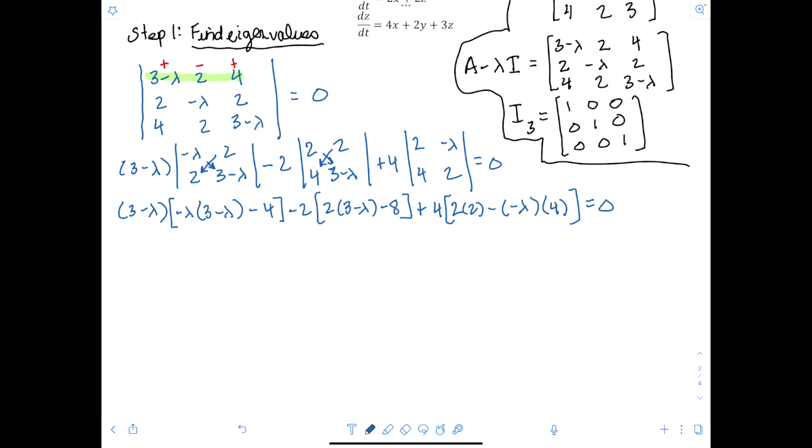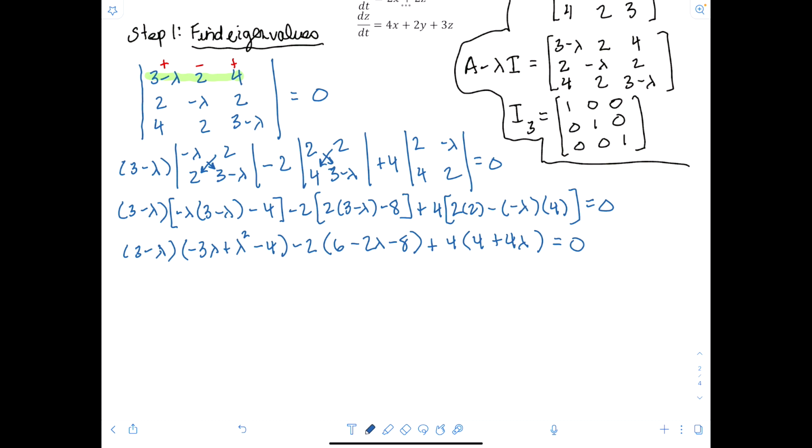Don't forget about that. So we will have 3 minus lambda times negative 3 lambda plus lambda squared minus 4, minus 2 times 6 minus 2 lambda minus 8, plus 4 times 4 plus 4 lambda. All of that is equal to 0. And then we can multiply this through now.